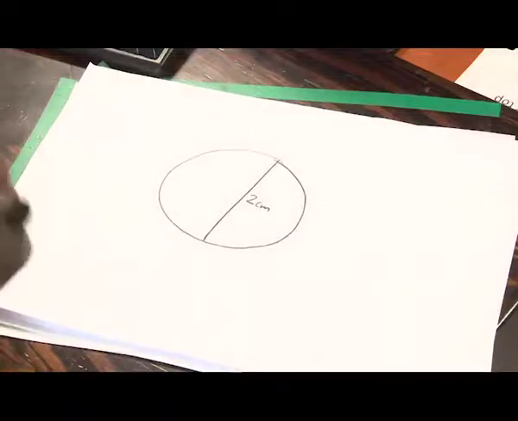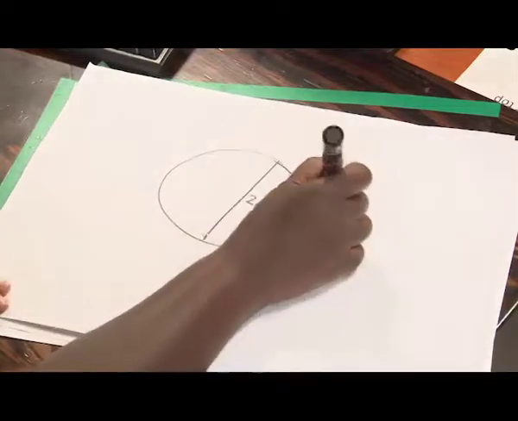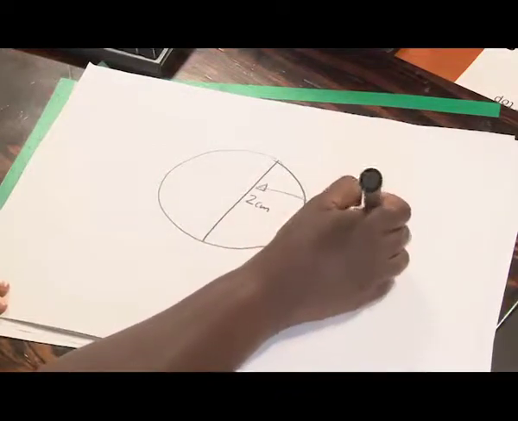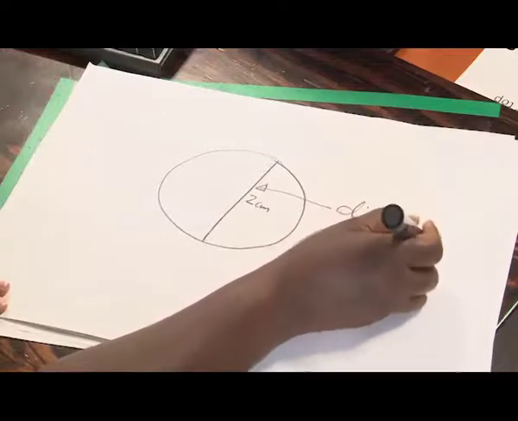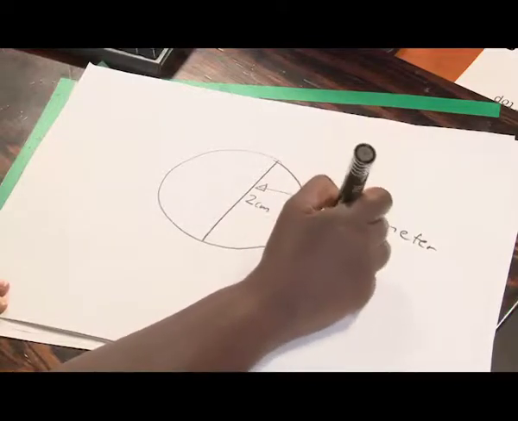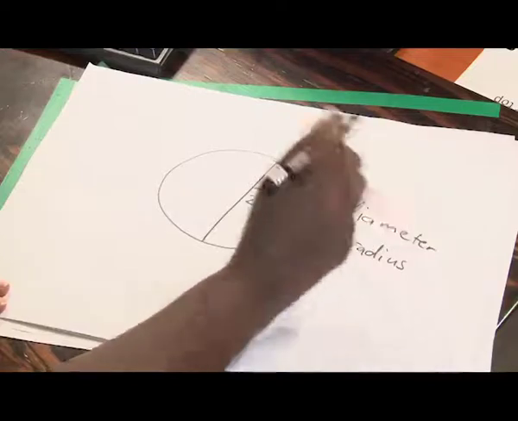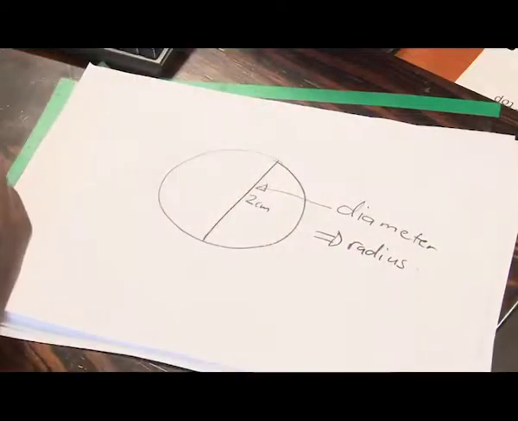It's already clear that this is a diameter, you should know the parts. From the diameter, you are able to also work out the radius. That means you can do some calculations involving a circle.